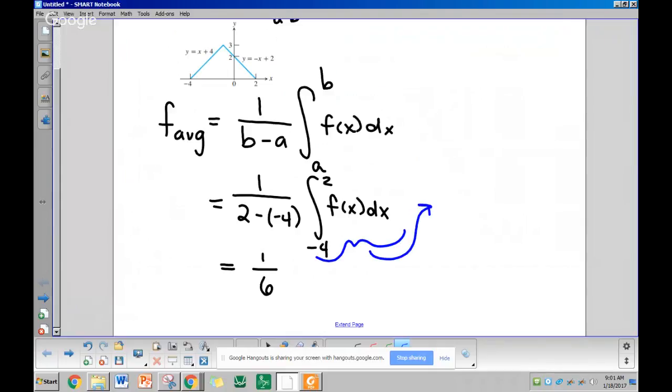This means the area under f of x from -4 to 2. So, do we have a way of calculating that by looking at the picture?